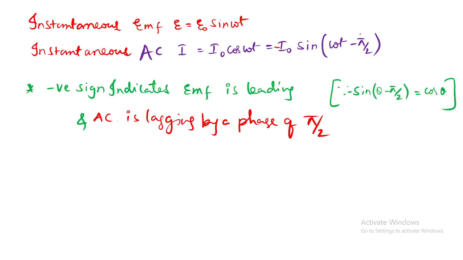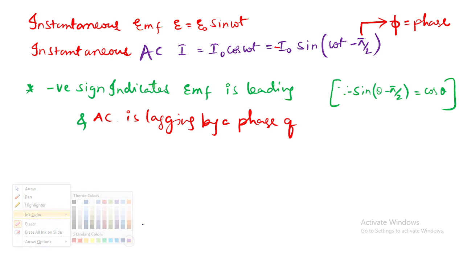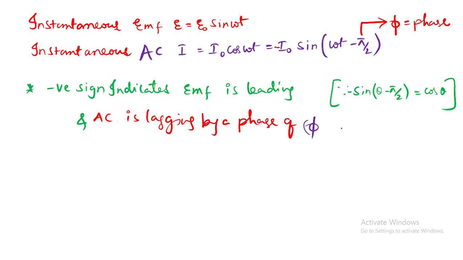What is the phase here? Pi by 2 is nothing but the phase. It is lagging by a phase of pi by 2. So in an inductor, who will be leading? EMF will be leading and current will be lagging. Right?